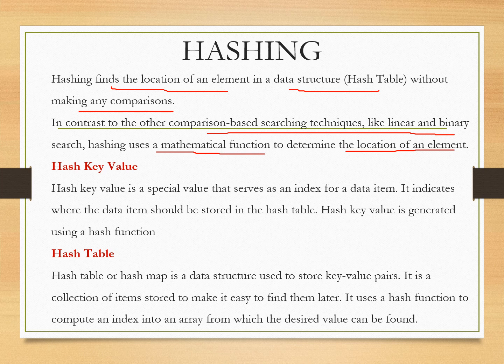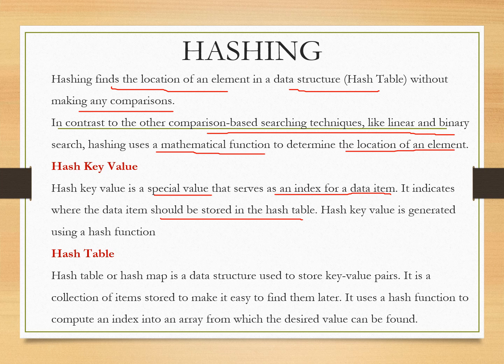Throughout hashing, we will be using some terms called hash key value, hash table, hash function, and a normal key. So what is this hash key value? It is a special value that will serve as an index for a data item. Whatever data item that you want to search for, that data should have an index, and that index is given by this hash key value. So it will indicate where the data item should be stored in a hash table.